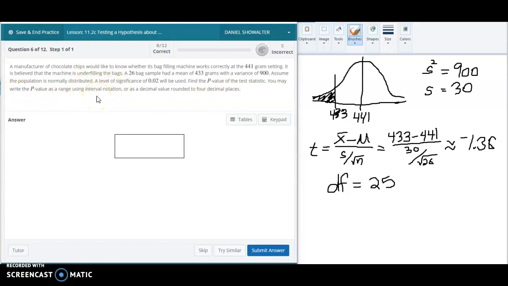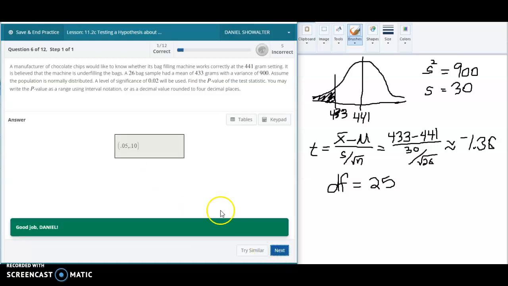So like we said, 1.36 gives us somewhere between 0.05 and 0.1. So we can put 0.05 and 0.10. It's somewhere in between there, and that would give us a correct answer. And so that's all it asks us for here.